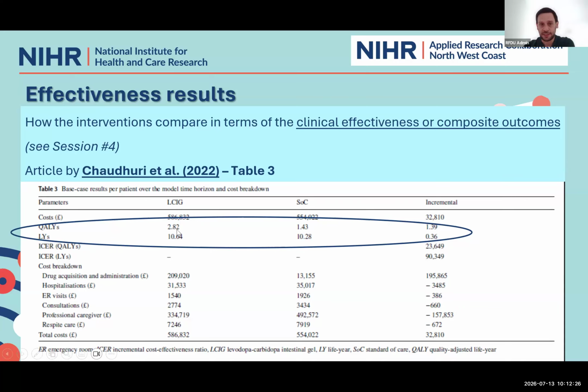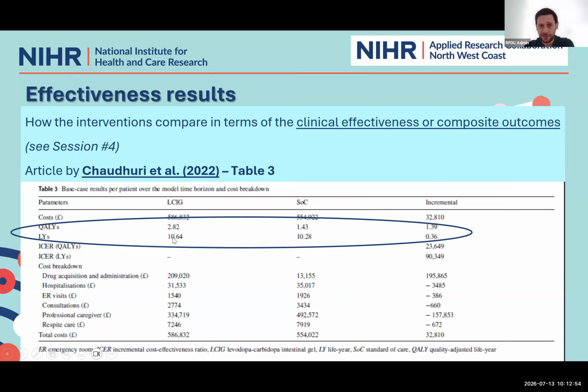And you have the numbers here. For the intervention group, you have 2.82 QALYs across the time horizon of the study. For the standard of care group, you have 1.43 QALYs. The difference is 1.39 in favor of the intervention group. So people in the intervention group seem to accrue more QALYs than people in the standard of care group.